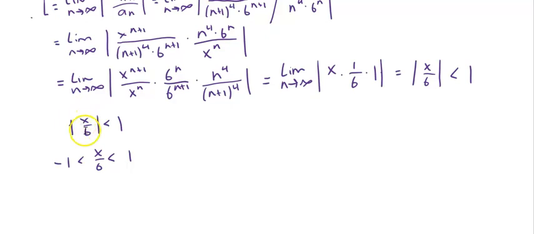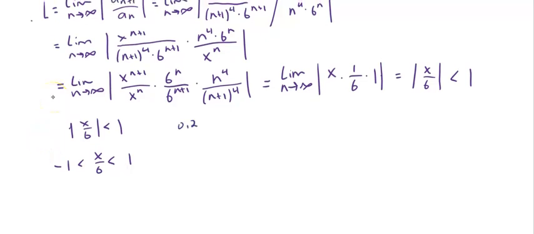Because if I take its absolute value and make it less than 1, it's going to be between 0 and 1, and then that same thing could be a negative version of itself. For example, 0.2 is less than 1. Negative 0.2 is also, if I take its absolute value, less than 1. We've talked about that, so hopefully that's good. It's kind of like the ratio when we're doing the geometric series test.